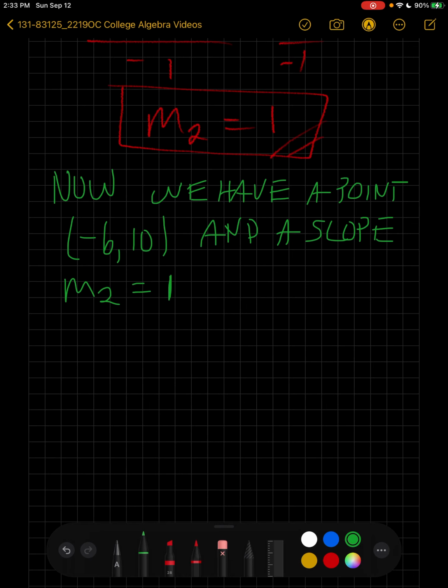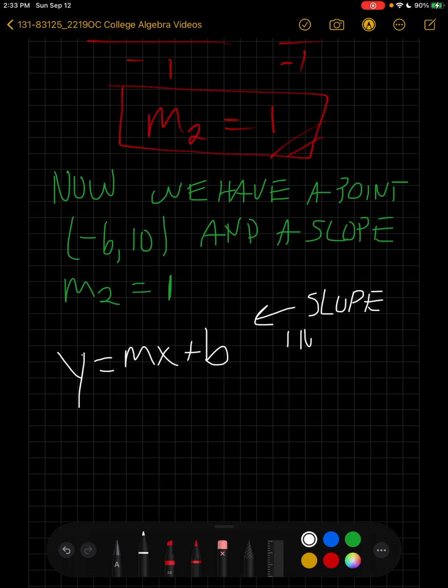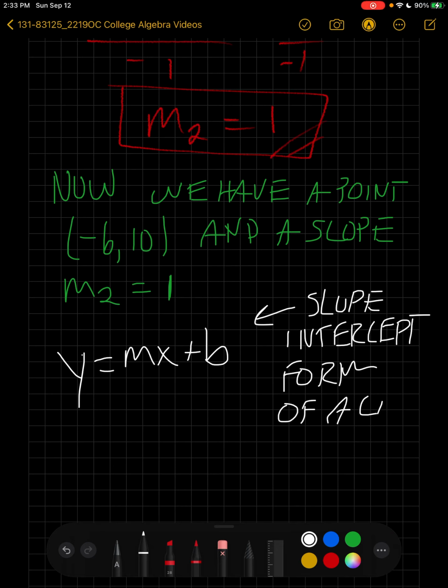So we have a couple of options for how to write the equation of a line here. I like to use the slope-intercept form. Most of the time when you see this kind of problem, this is what they want you to use for your answer.